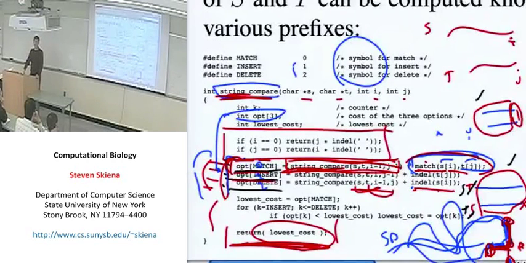In which case, it's very easy to figure out the cost of changing the string to it. How many steps does it cost to turn Skiena into an empty string? Well, you've got to delete the S, the K, the I, the E, the N, and the A, right? So we can solve that basis case easily. Okay? Any questions about this?